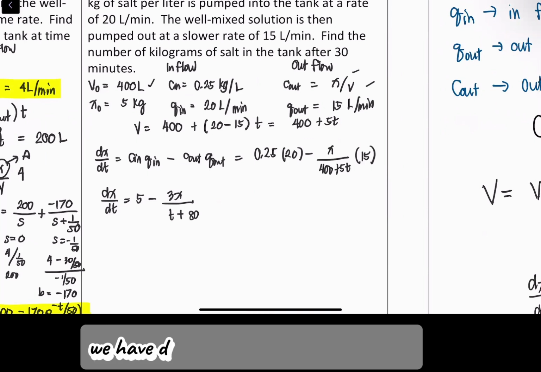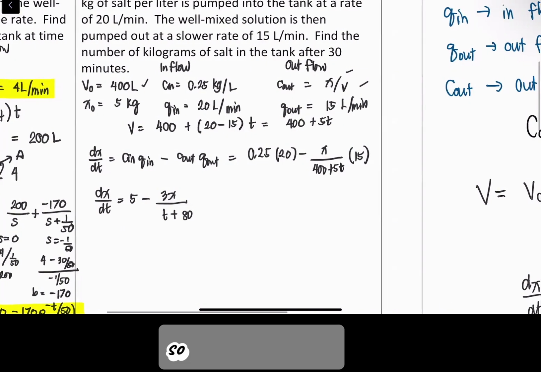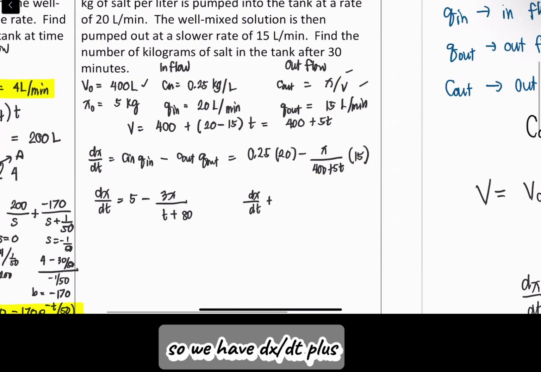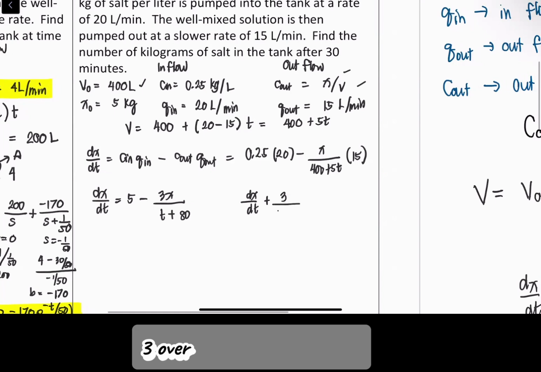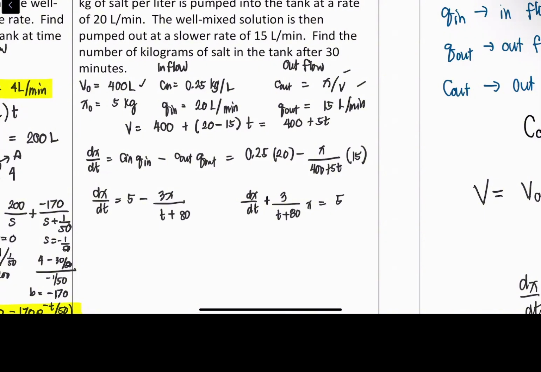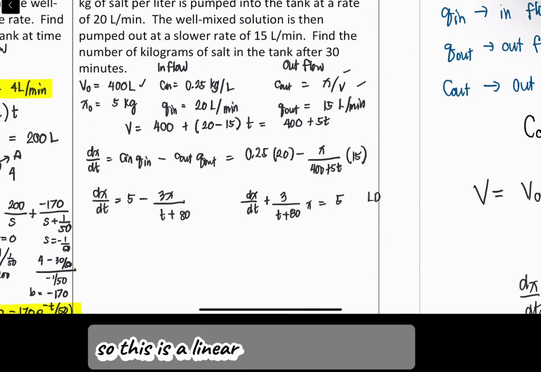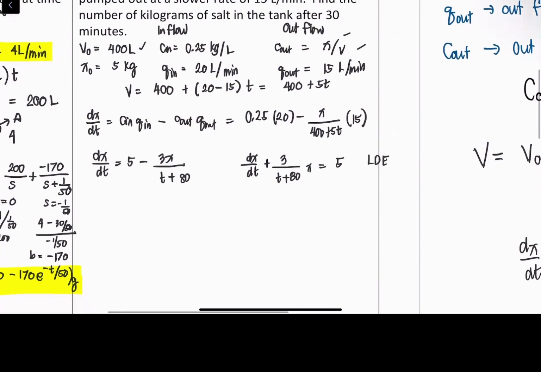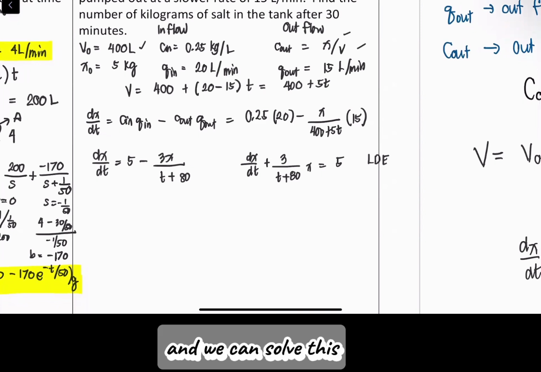So we have dx over dt is equal to 5 minus 3x over t plus 80. So we have dx over dt plus 3 over t plus 80 x equal to 5. So this is a linear differential equation, and we can solve this.